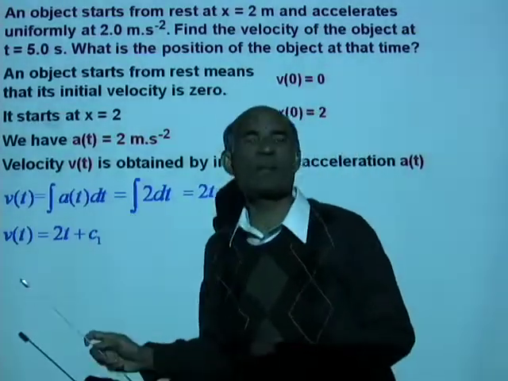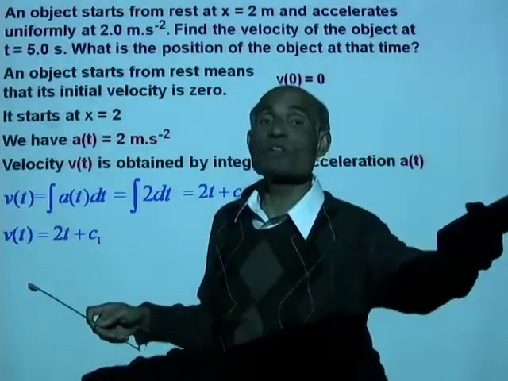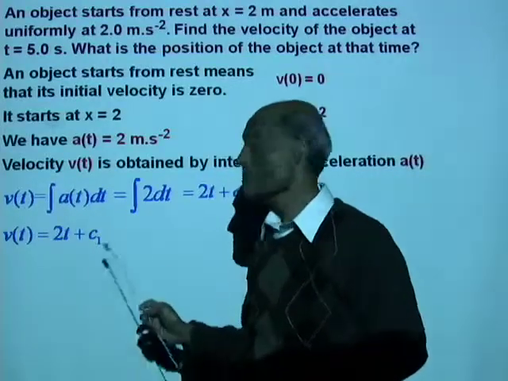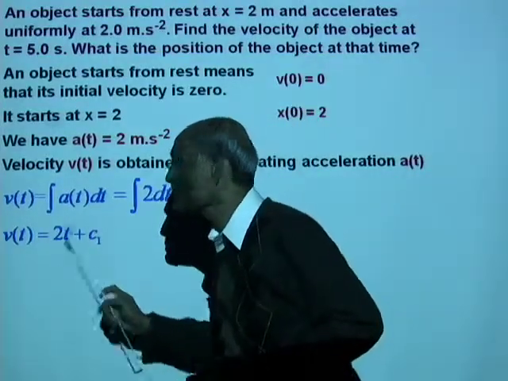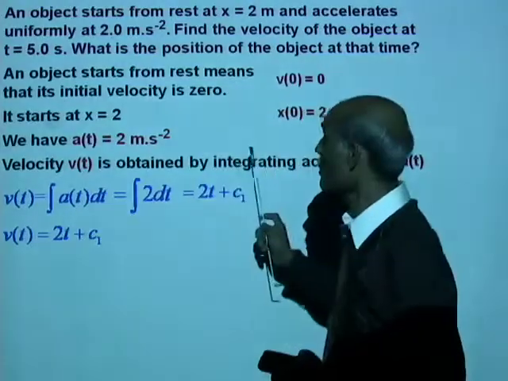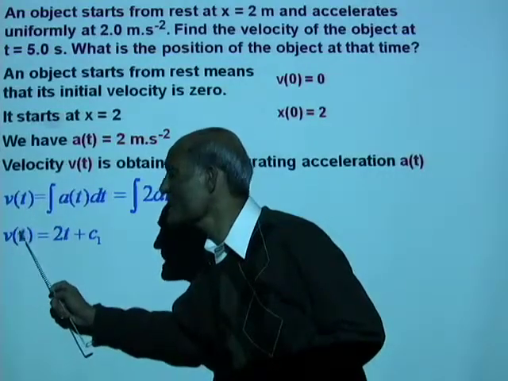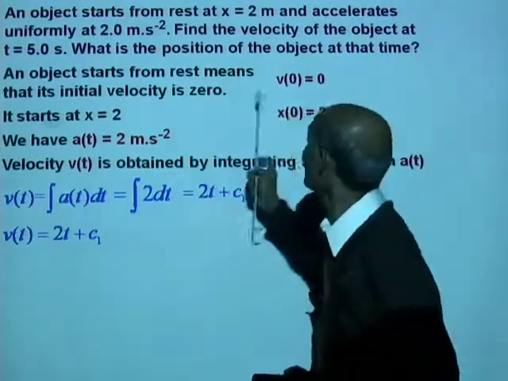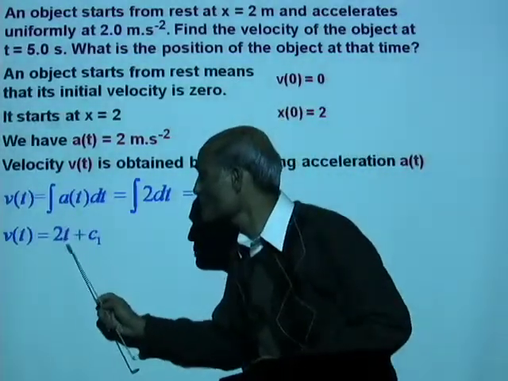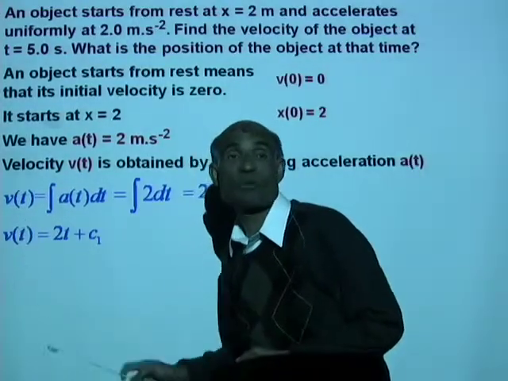I call it c1 because in the process of solving this problem, there will be another place where we have another constant. Is there any way to find the c1? Yes. How? We are told that the value of this velocity when t is 0 is 0. So v0 equals 0 means when you replace your t by 0, the value of this velocity will be 0.